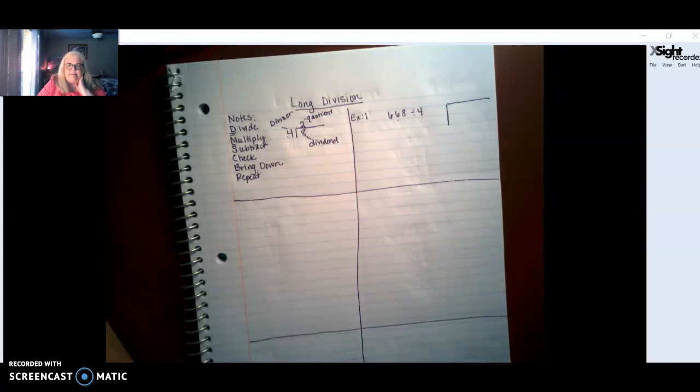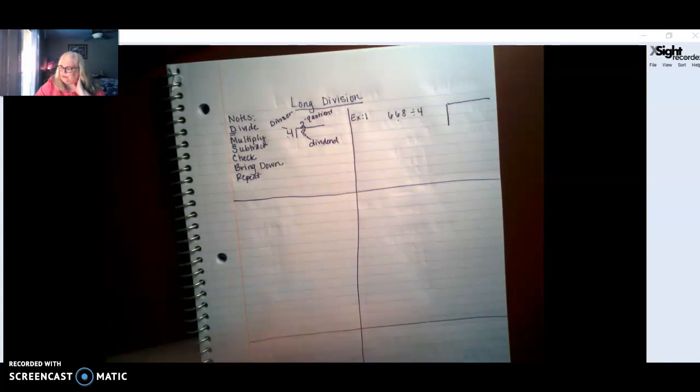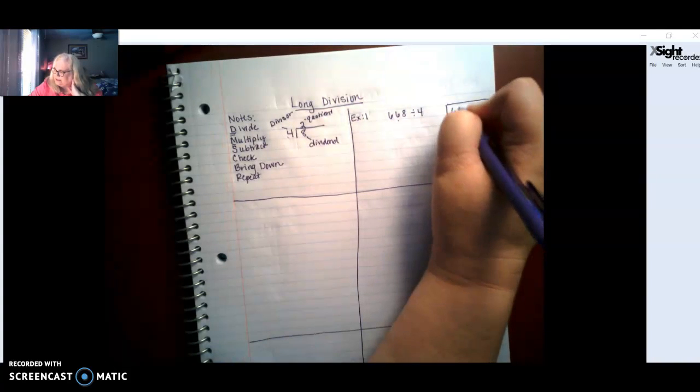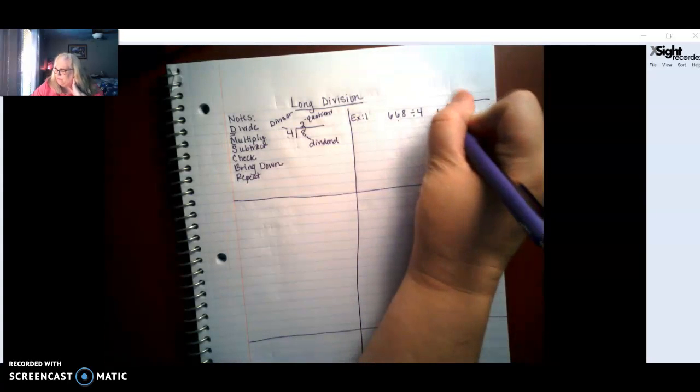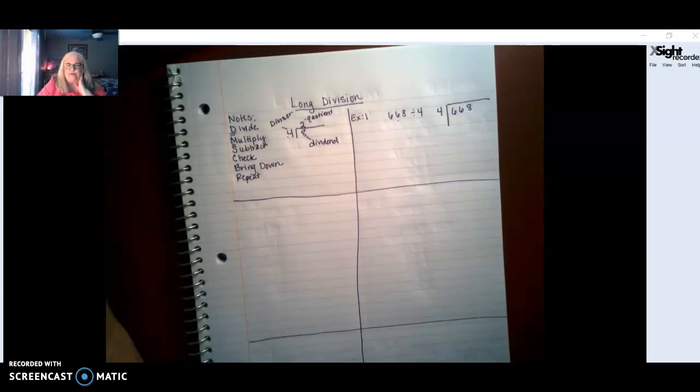It's not because it is the biggest, it is because it is the first number. We always put the first number in the house. So we have 668 cookies, and we're going to divide them by 4 people. So how many cookies would each person get?